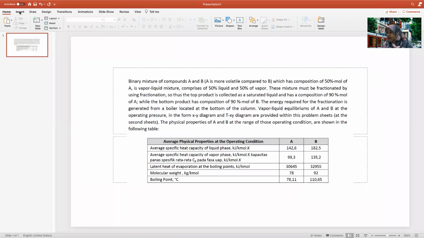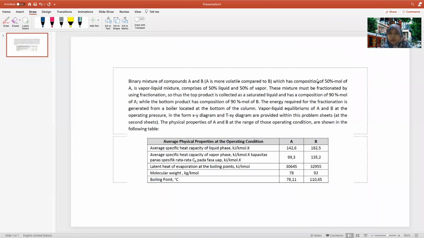Okay, so let's try writing here. Hopefully this is going to be better. So we have 50% mole of liquid. Oh, this is better. This is ZF 0.5, and then also the phases. So the liquid fraction becomes 0.5 because it's 50% liquid.